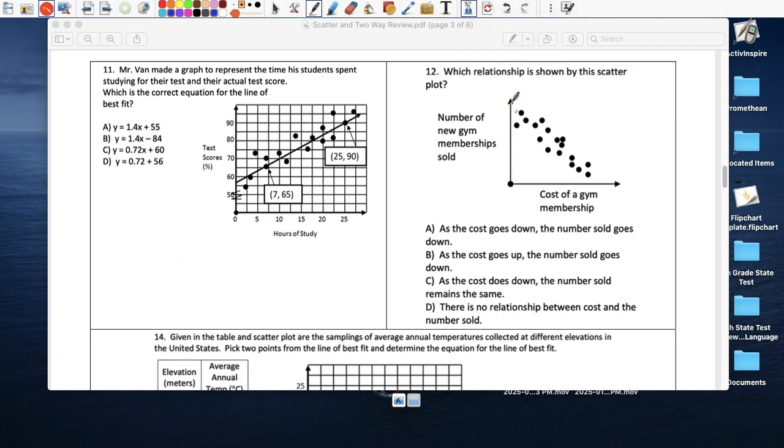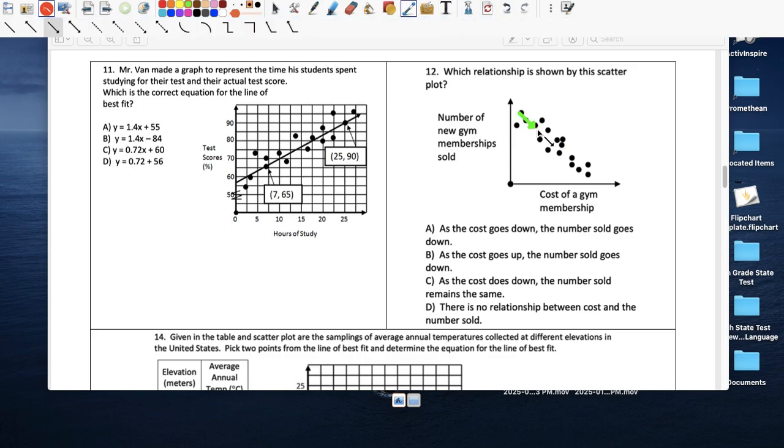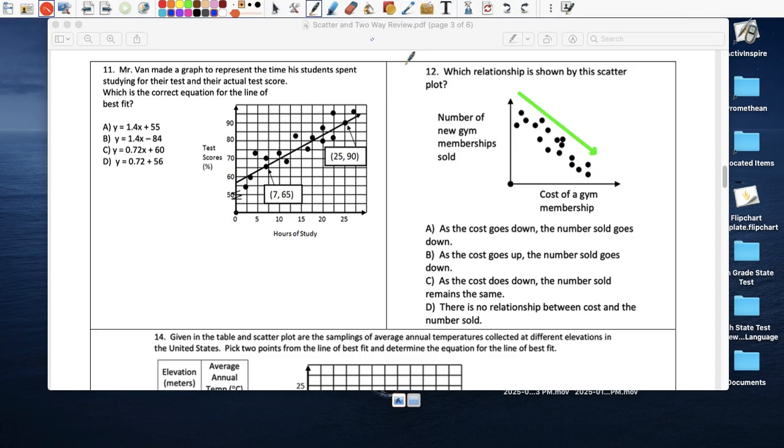This one: which relation is shown by the scatter plot? Well, we definitely know it's a negative relation. So we have to look at the multiple choice here. As the cost of the gym goes up, what happens to the memberships?